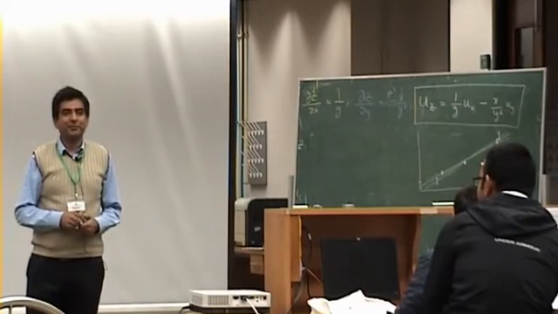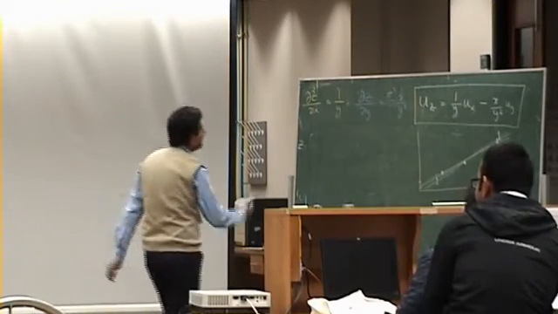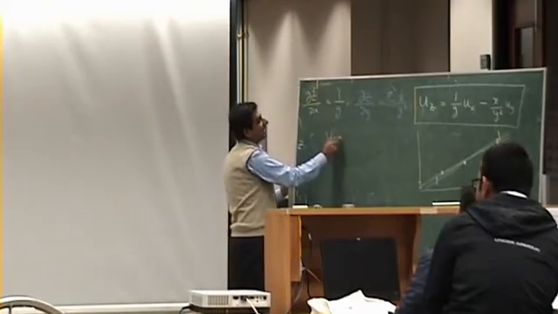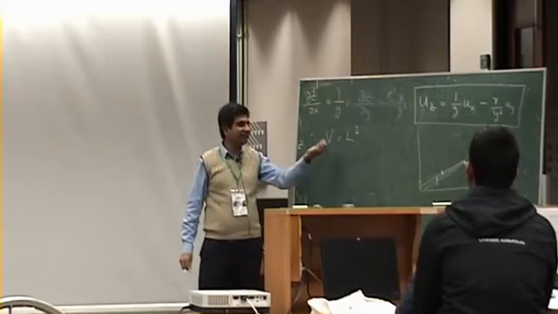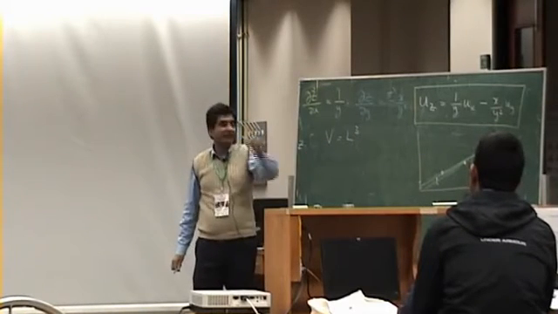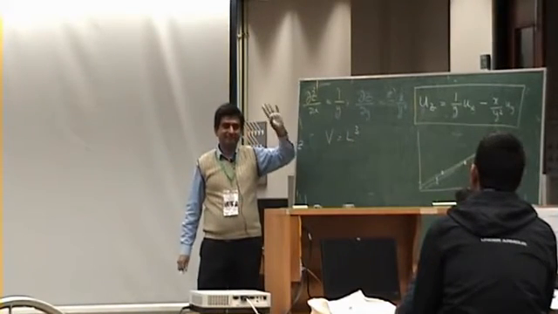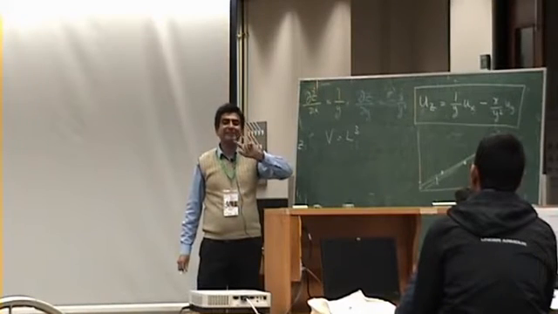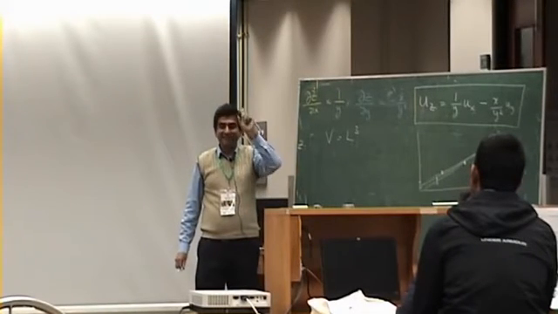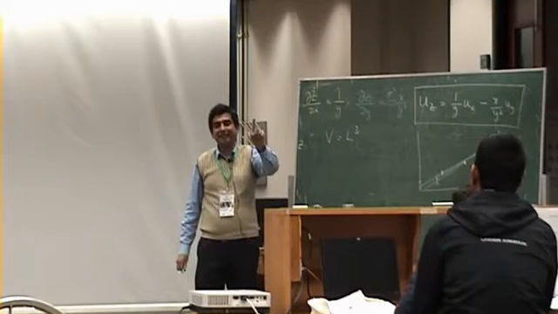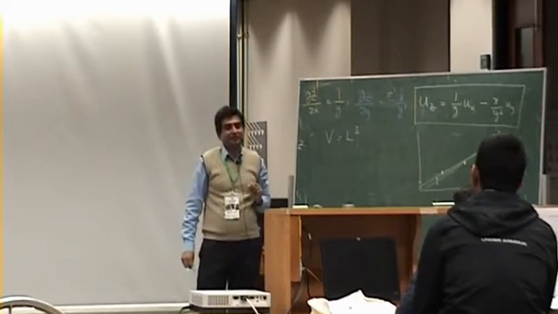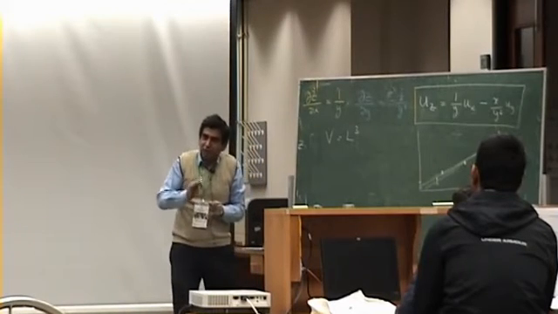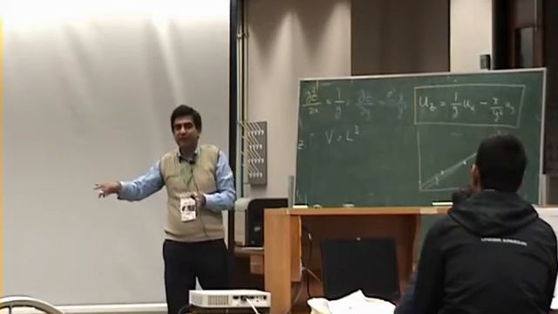So V equals L cubed. The derivative of this is 3L squared. If the uncertainty in volume is 1 cubic centimeter, the uncertainty in length is 10 to the power minus 3. Okay, so uncertainties go from basic quantities to derived quantities.